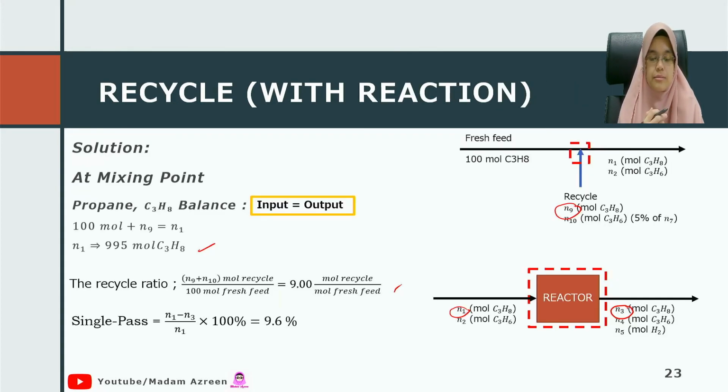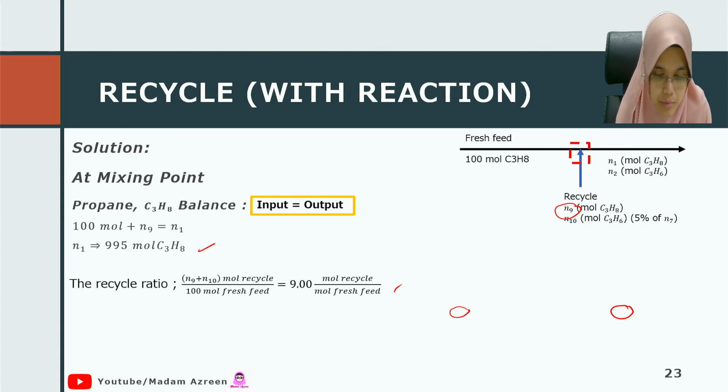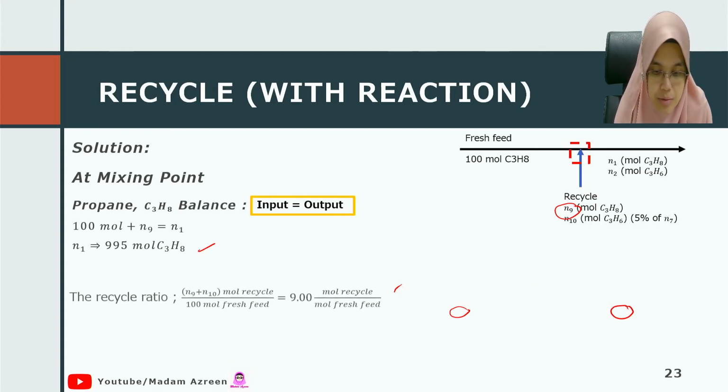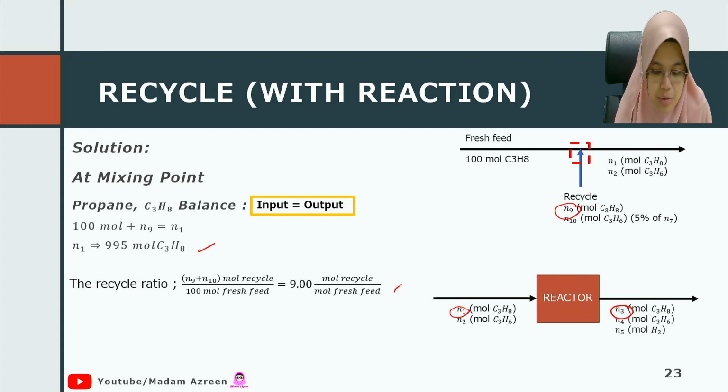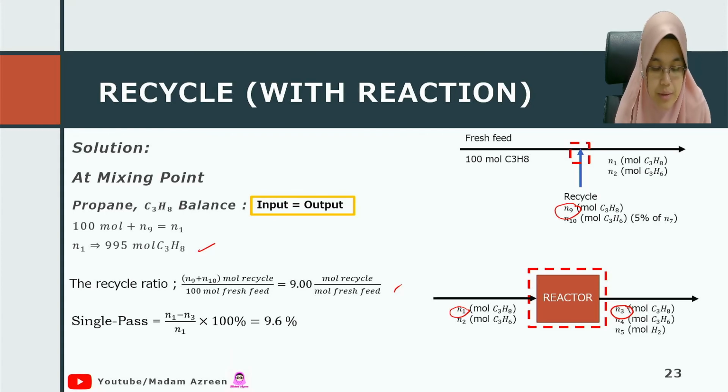That's it. Meaning you don't need to calculate the value of N4. You already answered all the questions, the recycle ratio, the single pass conversion, and the composition of your product without knowing the value of N4 and N5.